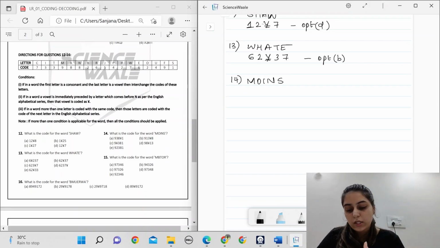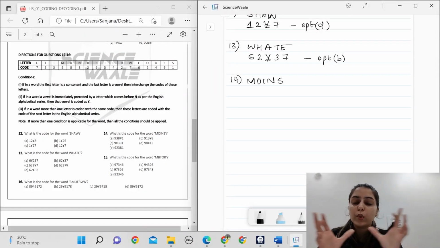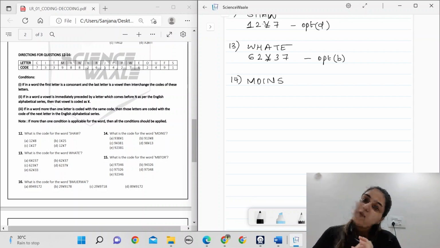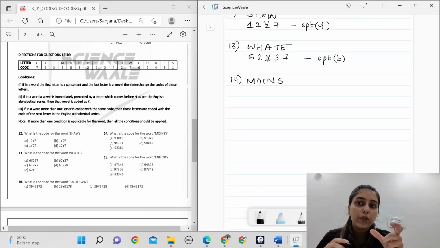Coming to the 14th question, they have asked us the code for the word MOINS. Here again, following the second condition, there is a vowel, and before the vowel there is a letter which comes before N in the alphabetical series.